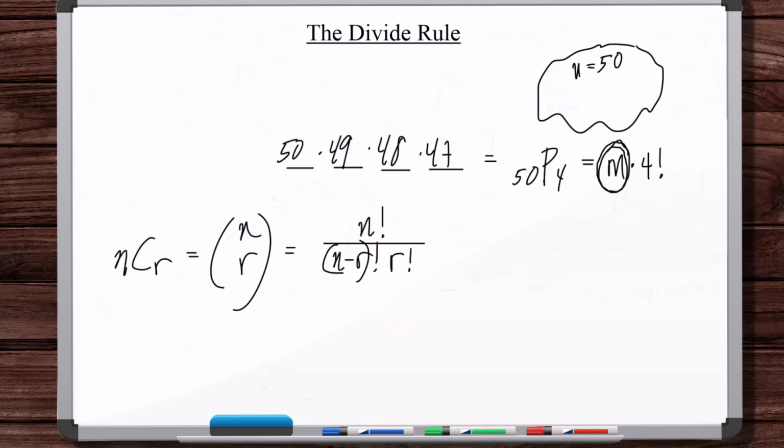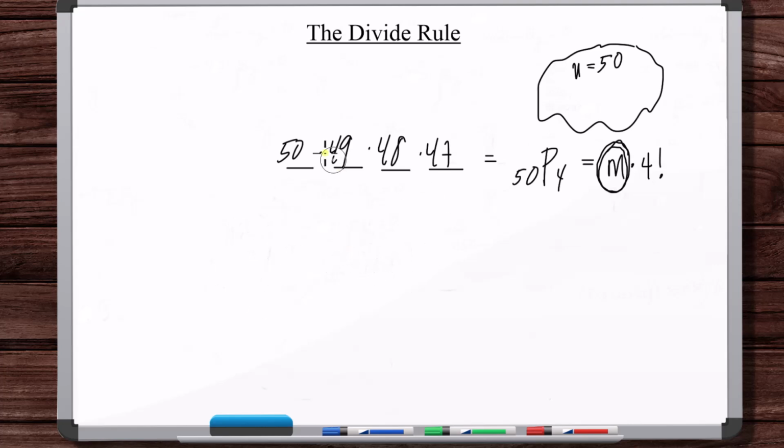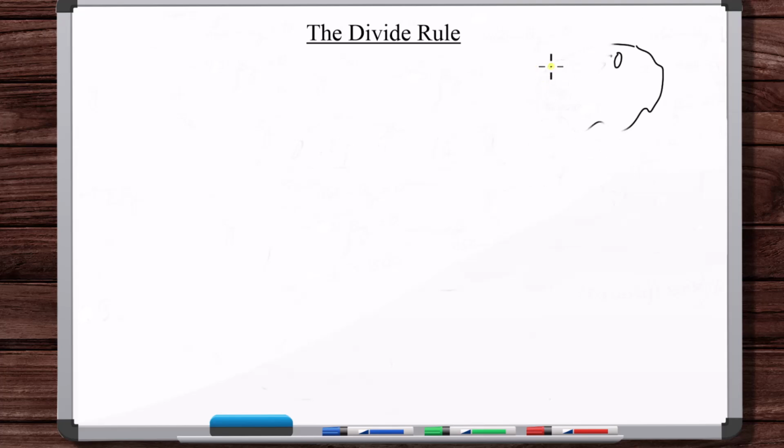Okay, now that we have a better sense for what the divide rule is and how it's applied, let's look at an example application that's a little bit different than how we just saw it applied for the combinations formula. Okay, so let's say we have the word Atlanta.